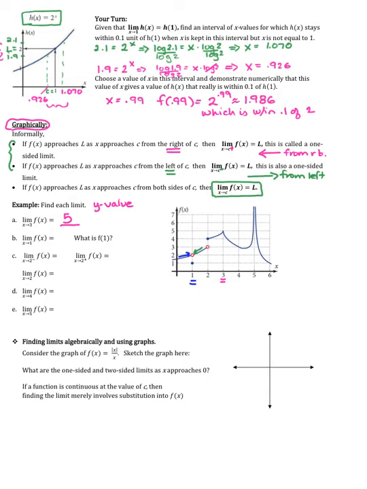They've gone next door to get some butter, whatever. We're still both approaching the same value, even if that value has a hole there, even if the value is not defined right there. We're both approaching that same point, and so that limit is 2.